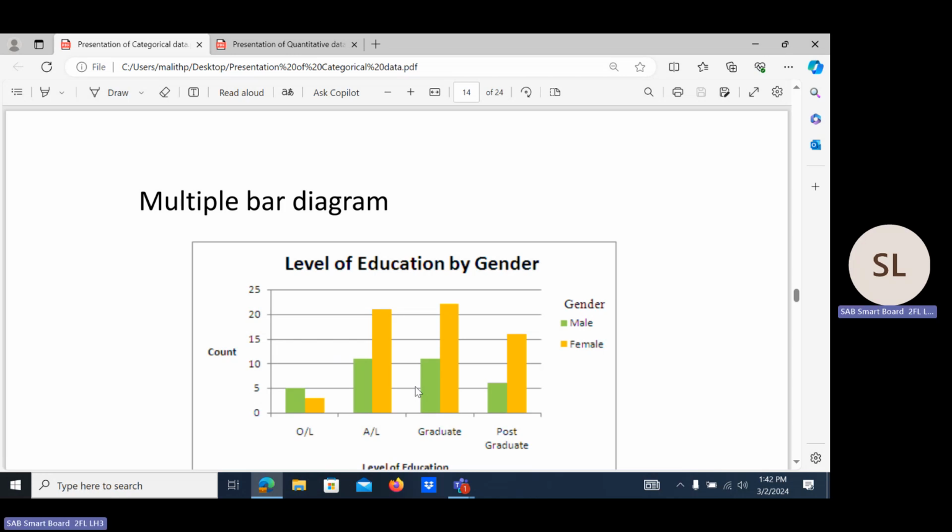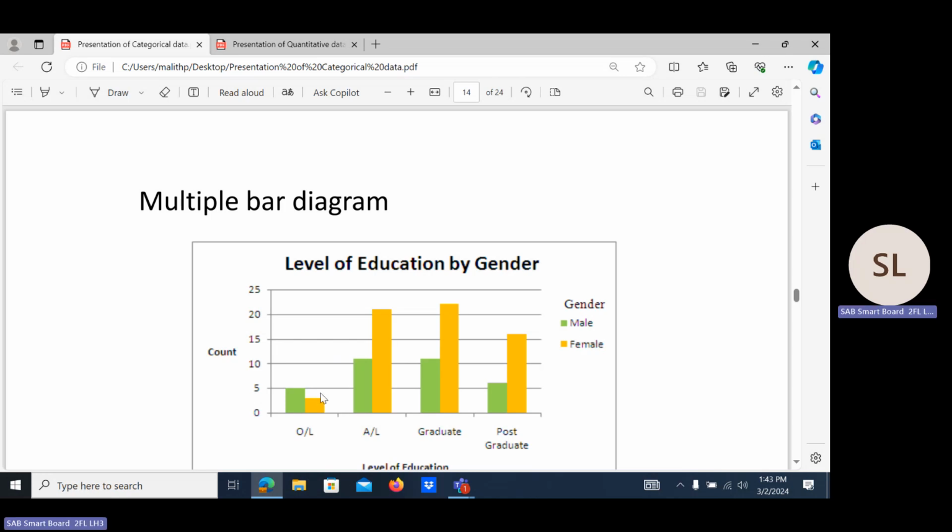We can use the multiple bar diagram to represent two or more phenomena. This represents level of education and gender. Two categorical variables in here. Then in here there are two bars. The first bar represents the male, another one female.